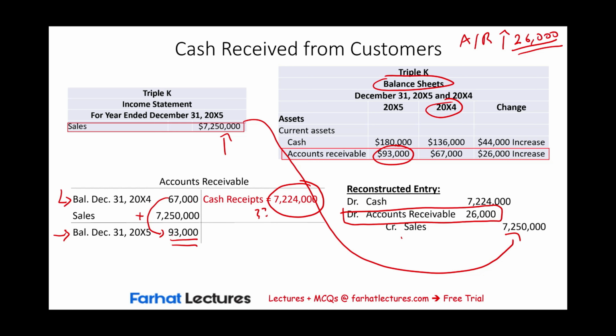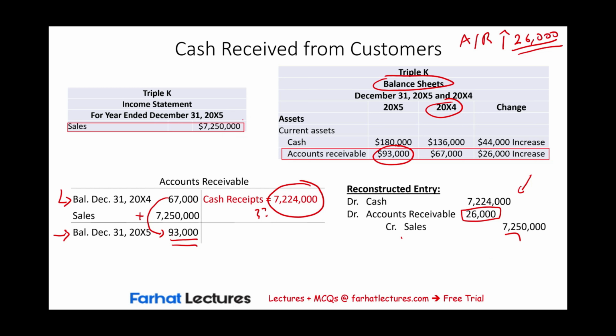What's left is the cash. Therefore, the overall journal entry, if I net out cash, account receivable, and sales, I'm going to end up with cash debited 7,224,000, sales credited 7,250,000, and I still have $26,000 in receivable that I did not collect.